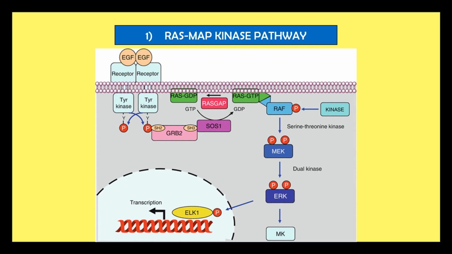There is the SOS protein. So GRB2 will bind to the SOS protein, and SOS then promotes formation of active RAS-GTP. The SRC homology domain, that is the SH2 domain in GRB2, binds to a specific phosphotyrosine residue in the activated receptor.